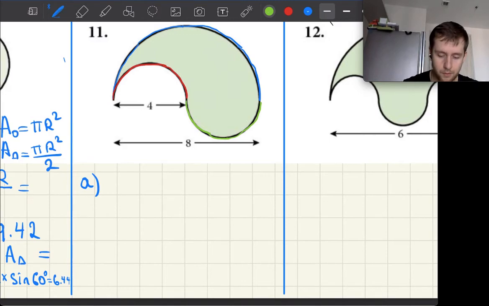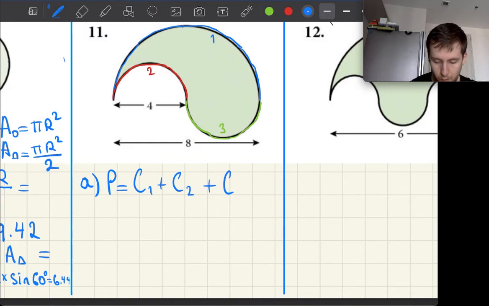So let's figure it out. So perimeter equals what? Let's give them some numbers. This is number 1, this is number 2, and this is number 3. All right, so circumference 1 plus circumference 2 plus circumference 3, half circumference in this case.